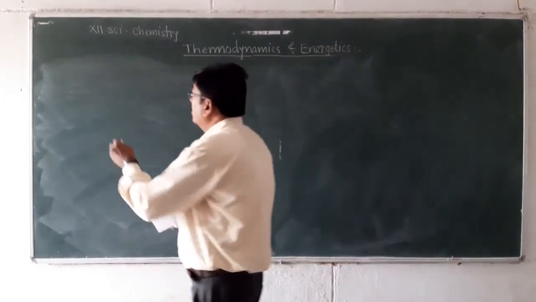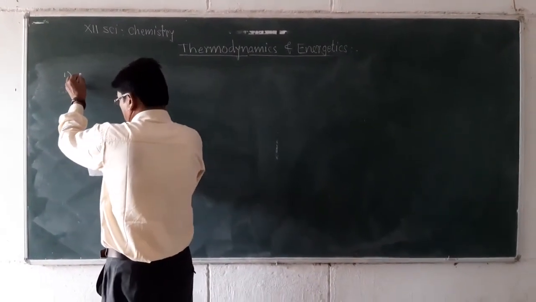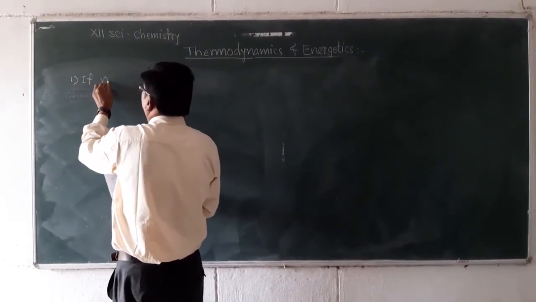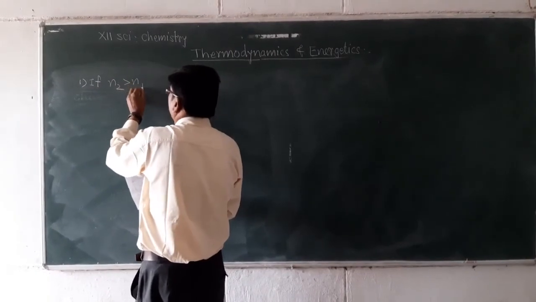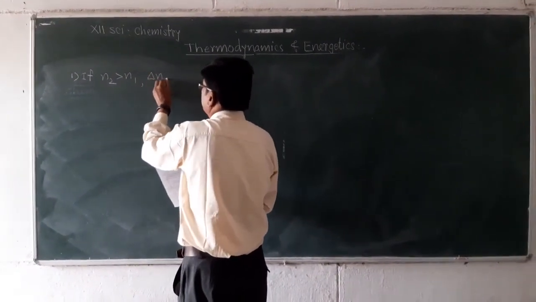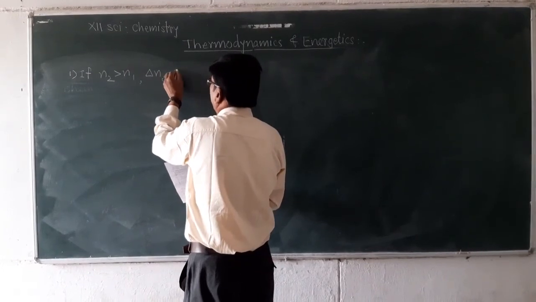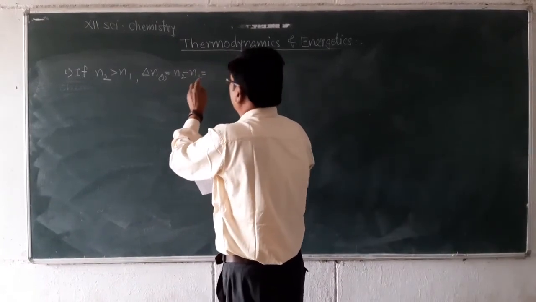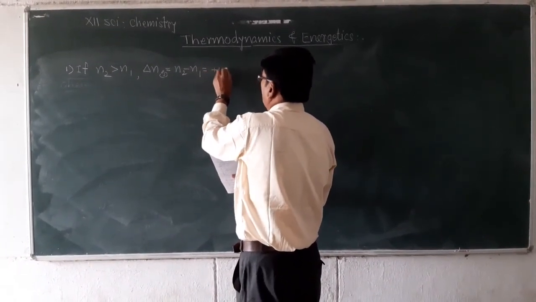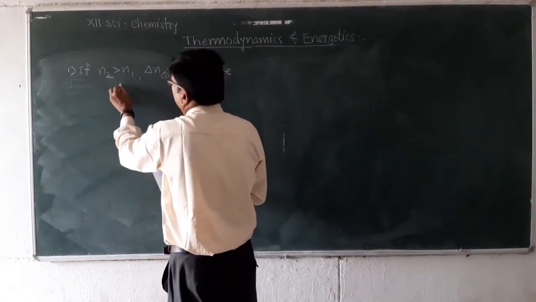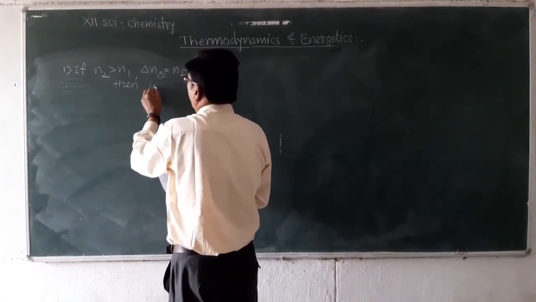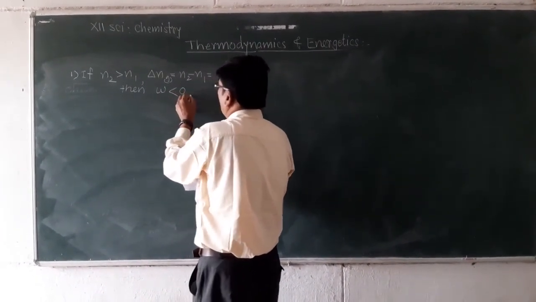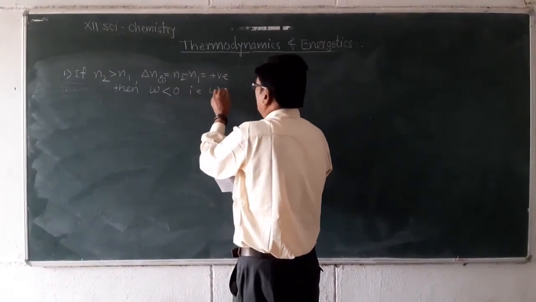If N2 is greater than N1, then delta Ng, which is N2 minus N1, will be positive. Then work will be less than 0, that is W will be negative.